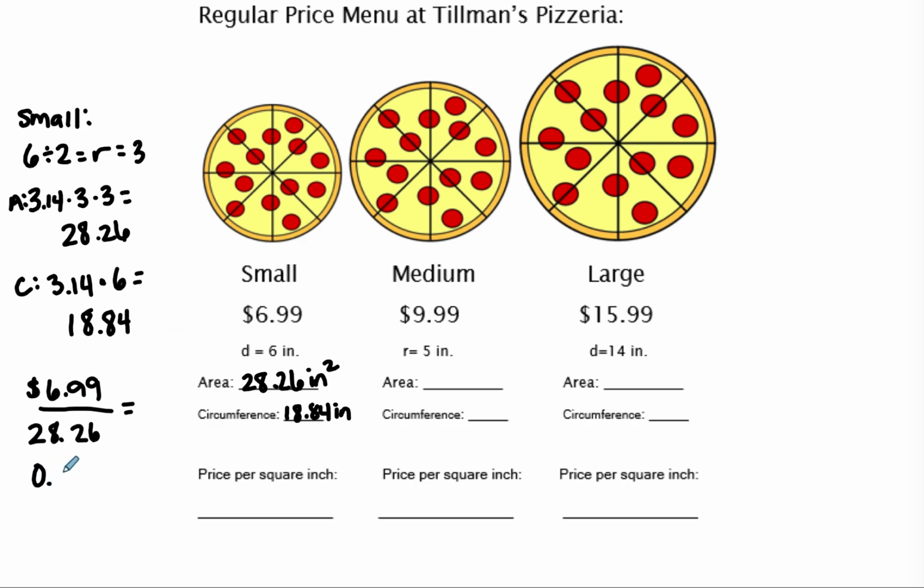I get 0.24734. We look at the hundredths place and the number behind it. 7 tells us we round it up. So this is going to be approximately 25 cents per square inch.